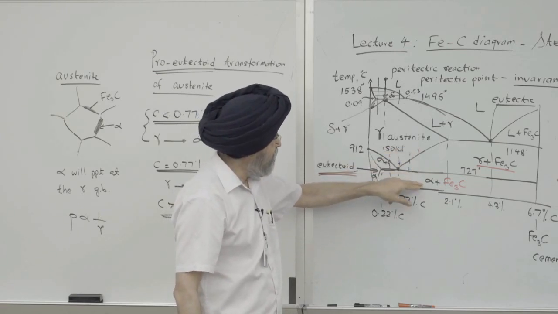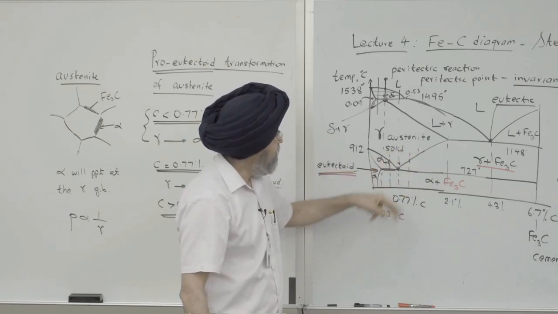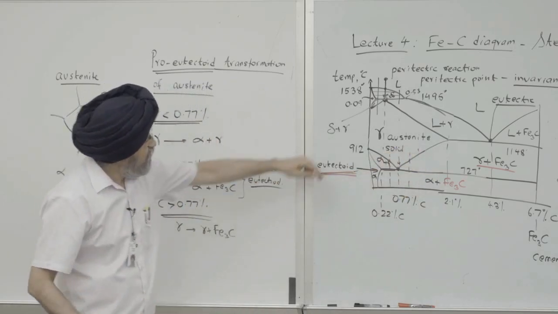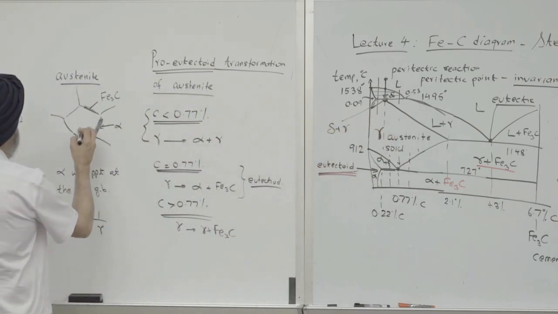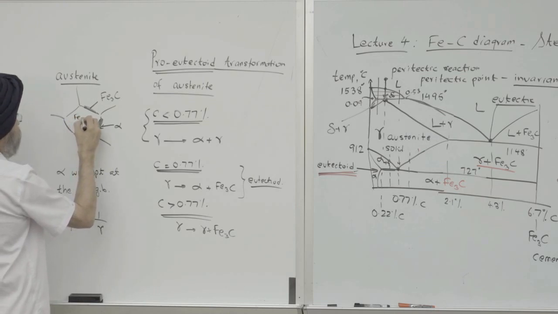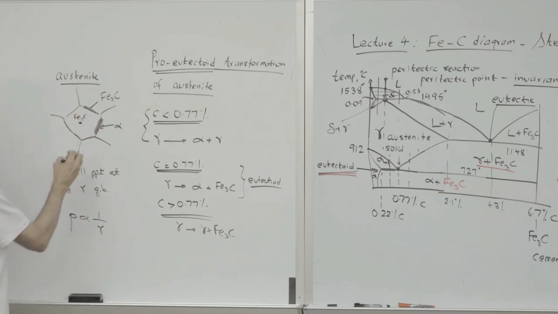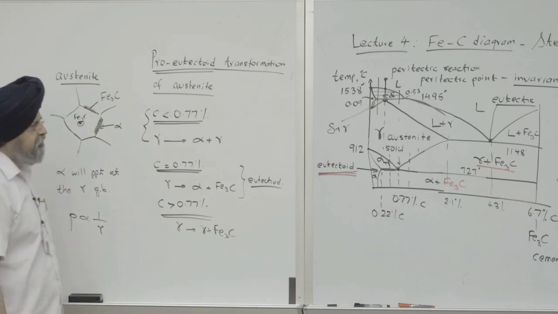So basically alpha and Fe3C have to react and disappear and give you austenite. But if you don't hold here long enough, then you could have Fe3C particles inside the austenite. So then you can have precipitation on these particles.